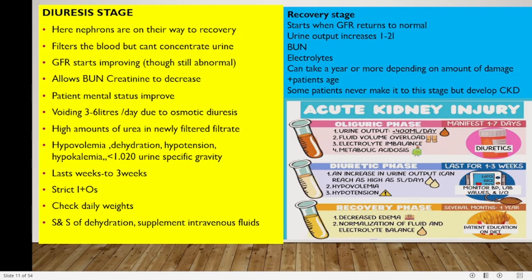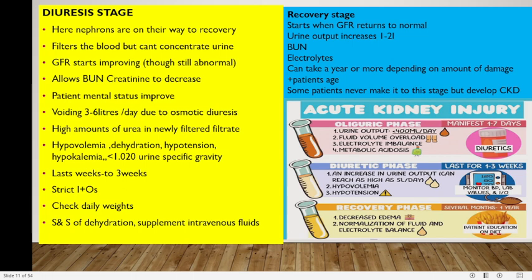Let's go to the third stage, and the third stage is the diuresis stage. Here the nephrons are on their way to recovery, but they have not had their 100% recovery. So they start to filter the blood, but are not able to concentrate the urine. So GFR starts to improve, though it's still abnormal.